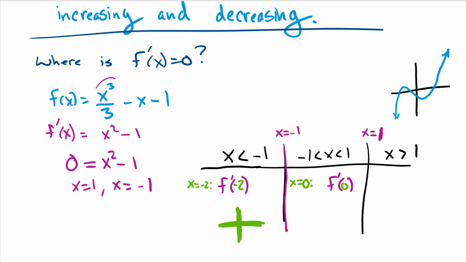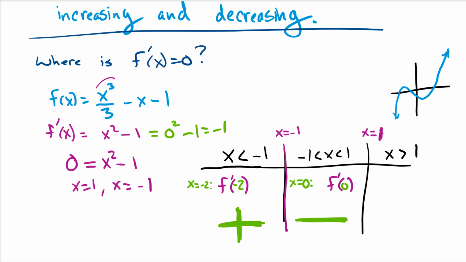Interval testing. So now we're just going to plug that 0 right into our derivative. 0 squared minus 1 equals -1. Don't care what the number is. Isn't -1 negative? So we have found that in between -1 and +1, we have a negative derivative, which means we are decreasing.